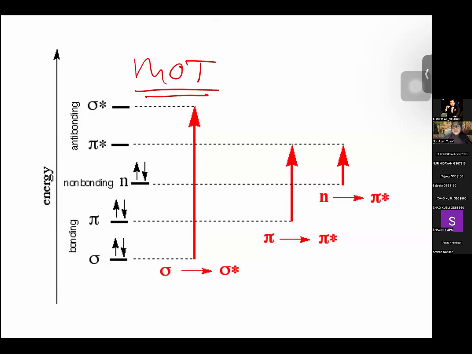After this, you go back and look at what MOT is. Because in valence bond theory and molecular orbital theory, we are discussing the theory of the covalent bond, how the electron is being shared in a covalent bond.